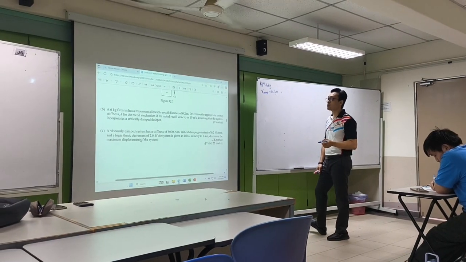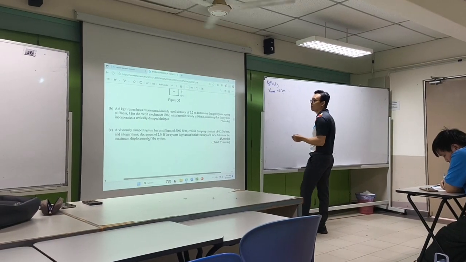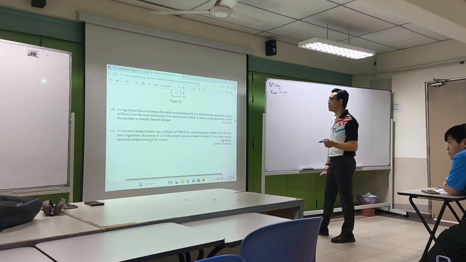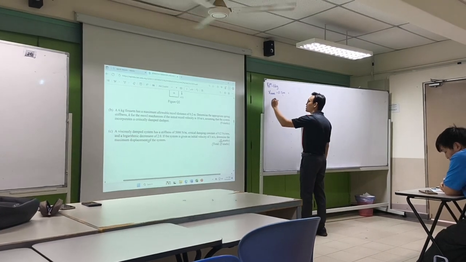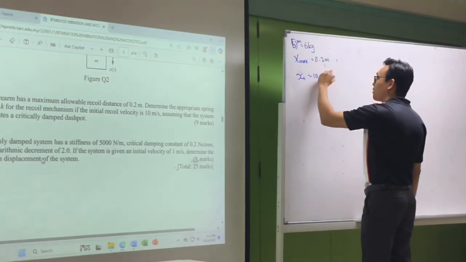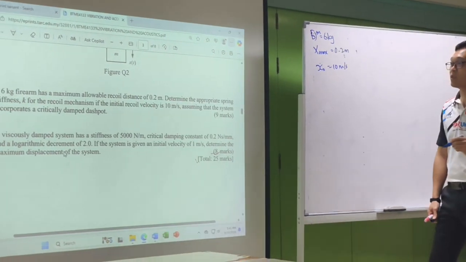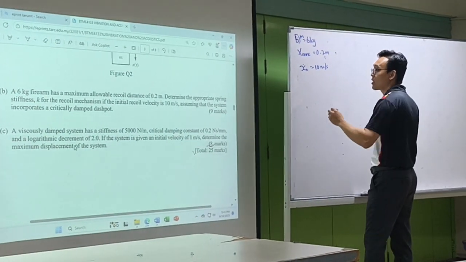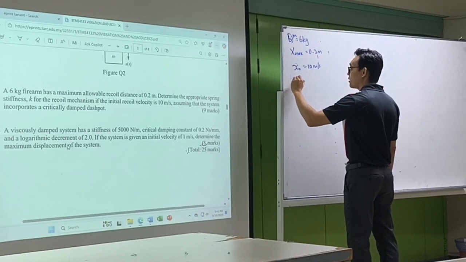Determine the appropriate spring stiffness K of the recoil mechanism if the initial recoil velocity is 10 meters per second, assuming that the system incorporates a critically damped dashpot. Critically damped.